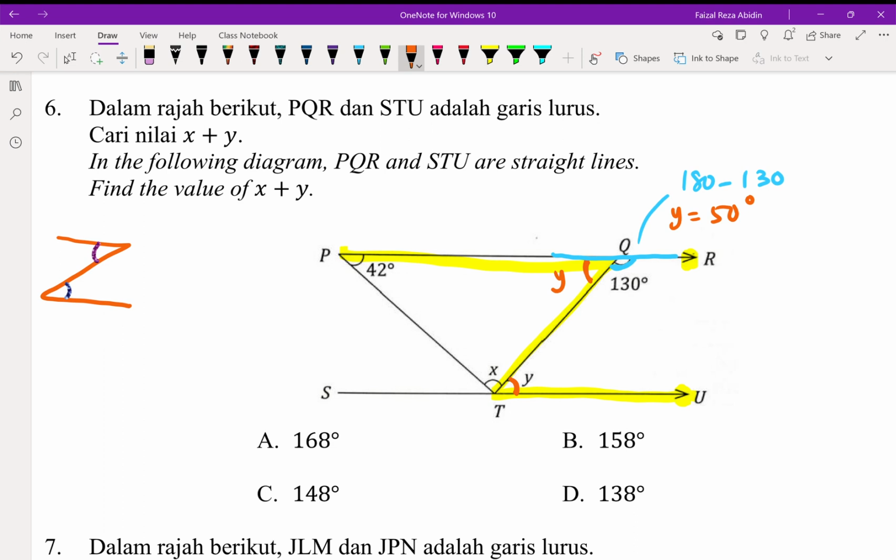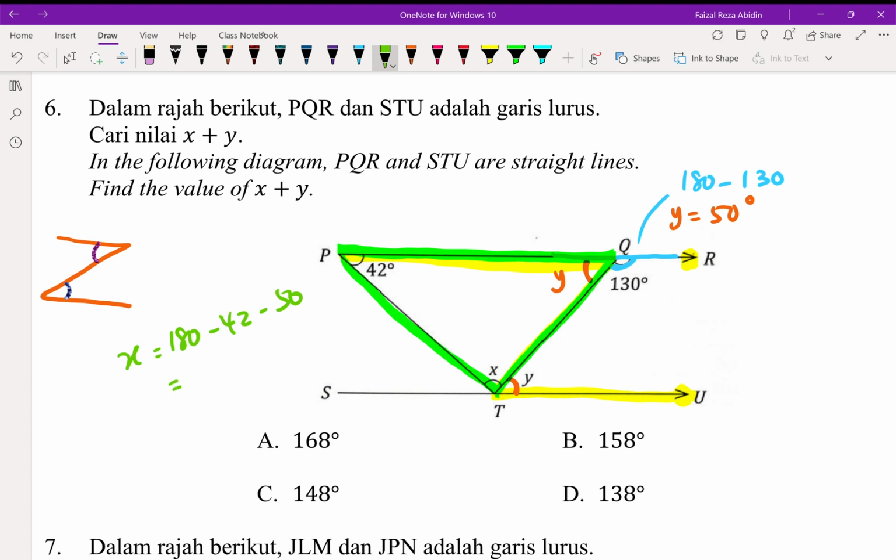Get your y ready. Then, how to get our x? By using what? What shape is this? Yes, triangle. If I want to find my x there, for our x here, 180 minus 42 minus the 50 that we just got for our y.